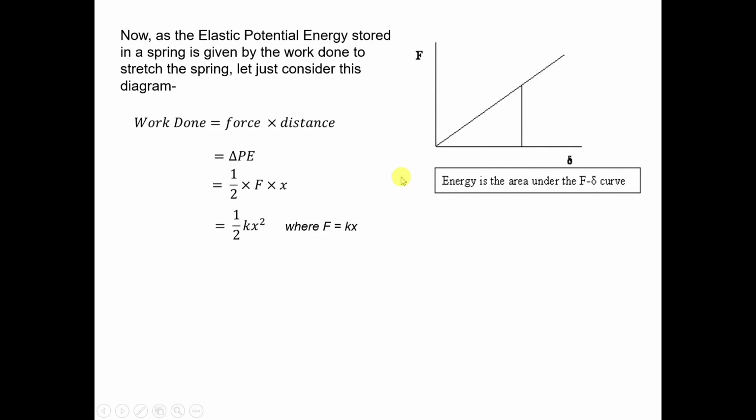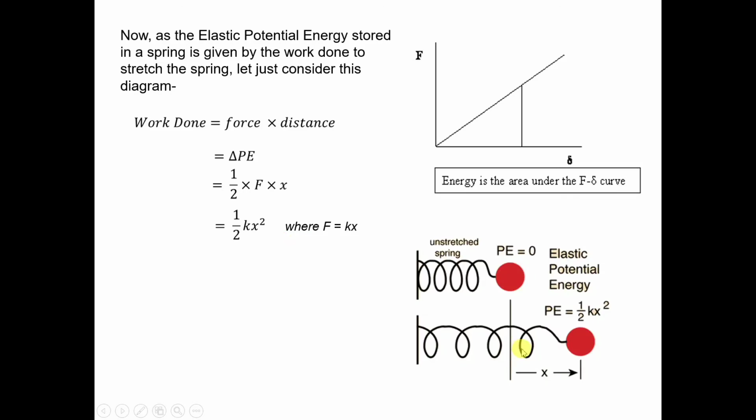And if you put the value of F equals K into x, you will have work done, or the potential energy stored in a spring, equal to half K x square. And this is how we represent the potential energy stored in a spring.